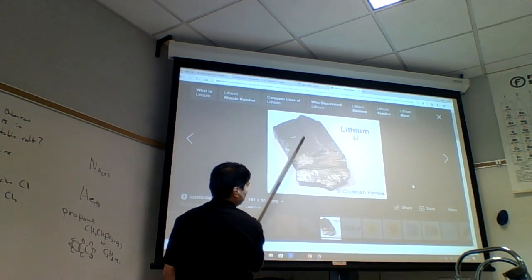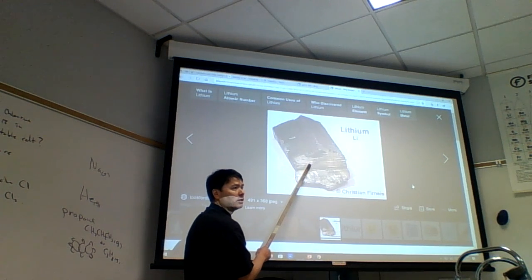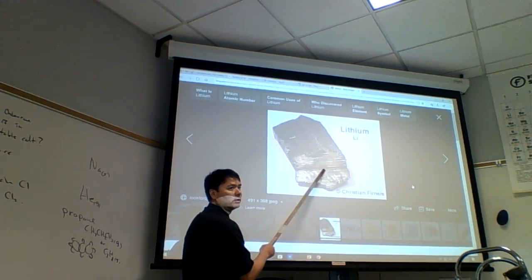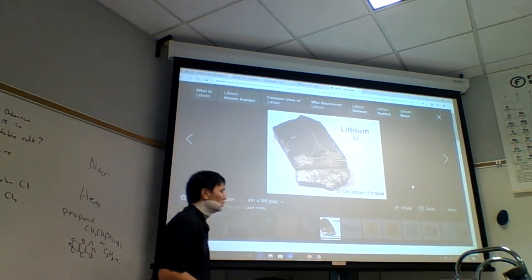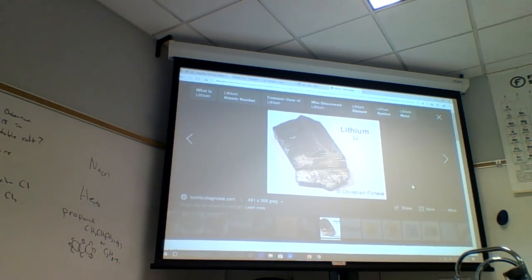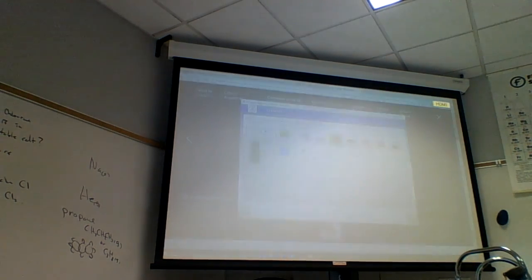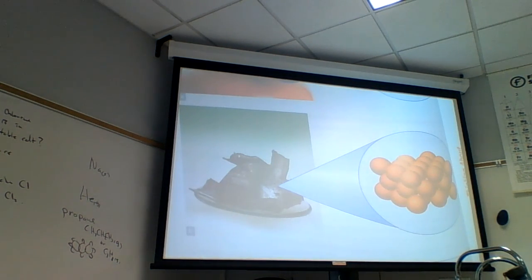And so we can slice this. When we slice this, you can see some fresh lithium. It has more metallic luster there. I don't know why they didn't show something a little bit better than this. At first I was thinking it's charcoal. So I was thinking they're trying to show us some charcoal.